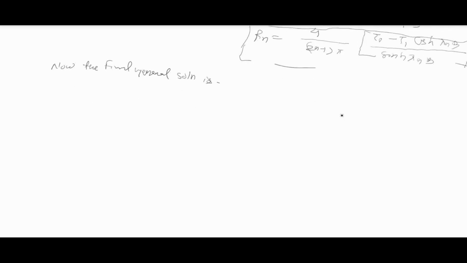That is T(x, y) is equal to the summation of n is equal to 1 to infinity of Pn cosh lambda n y plus Rn sinh lambda n y, whole into sin lambda n x. Let us put the values here.